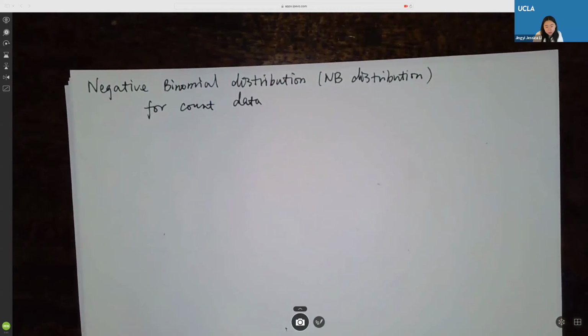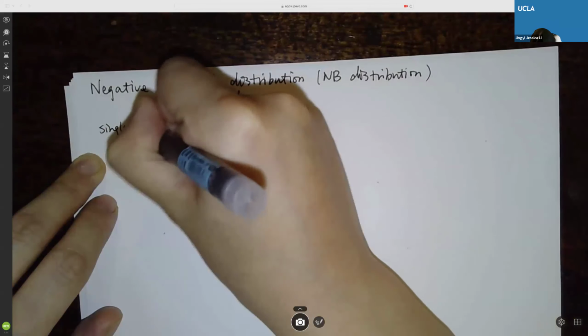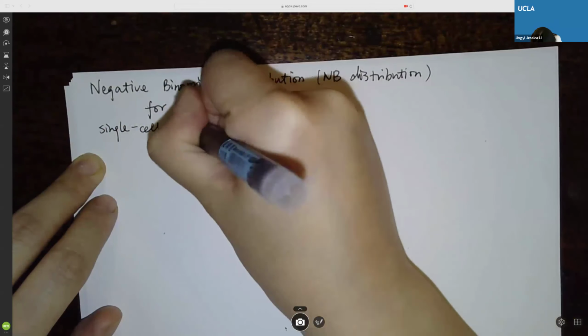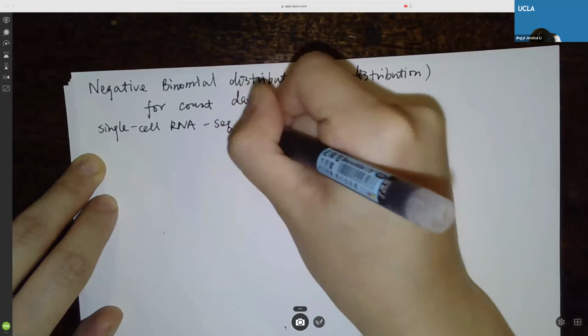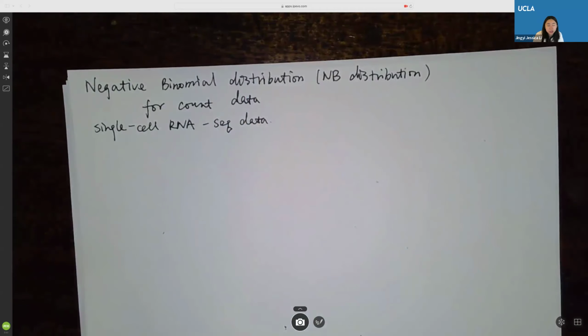So a very typical example where negative binomial can be a good distribution is for single cell RNA-seq data. To briefly introduce it, if you do the sequencing and you run the software packages for processing the raw reads, you would end up getting a count matrix.